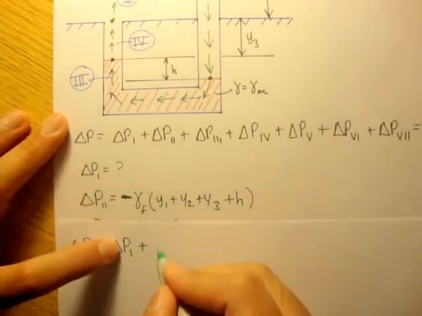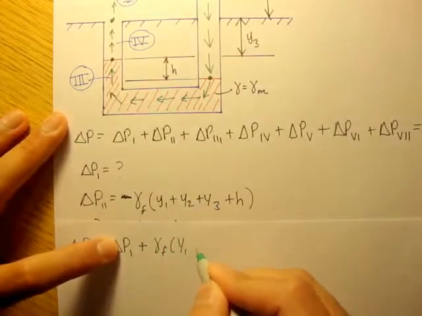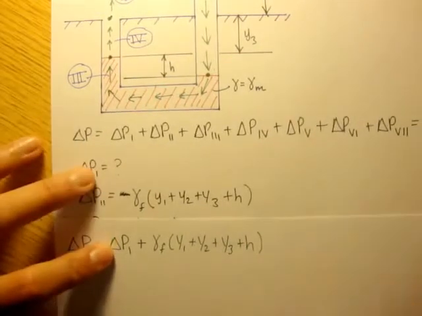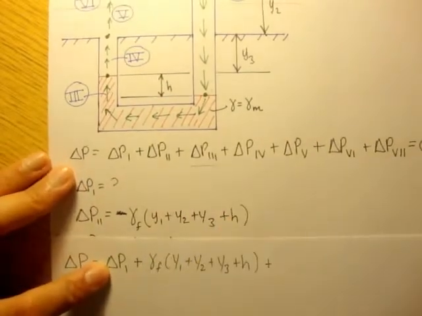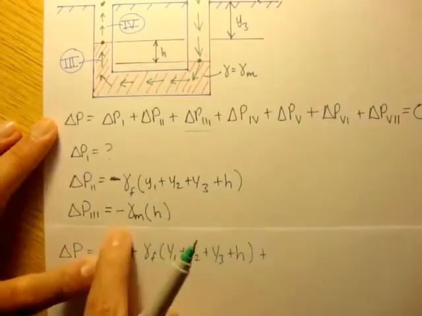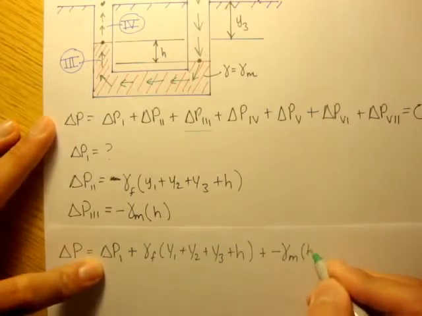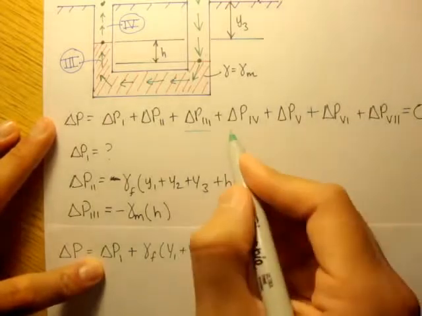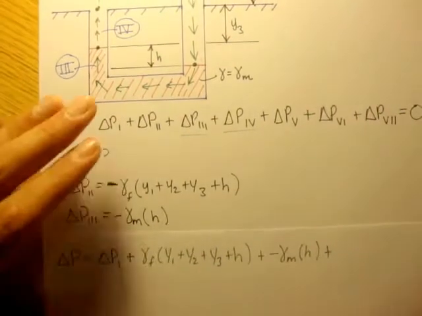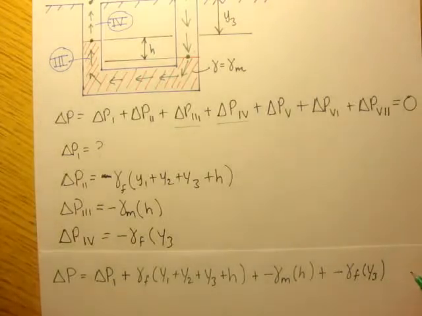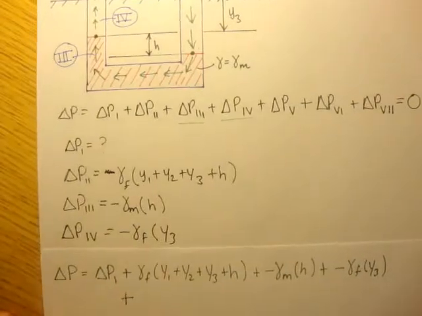Well, delta P2 is gamma F times Y1 plus Y2 plus Y3 plus H, plus pressure change of path 3, which we define to be negative gamma M times H plus 4 here. 4 here would be negative gamma F Y sub 3, and then we'll just continue this equation down here.